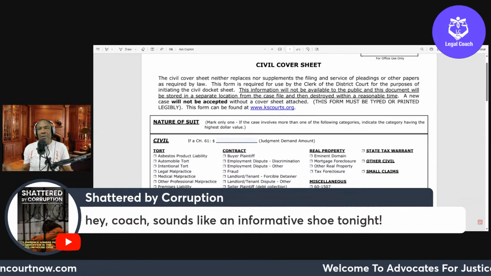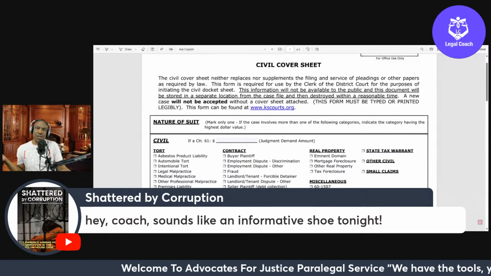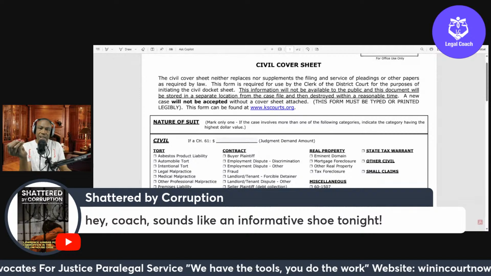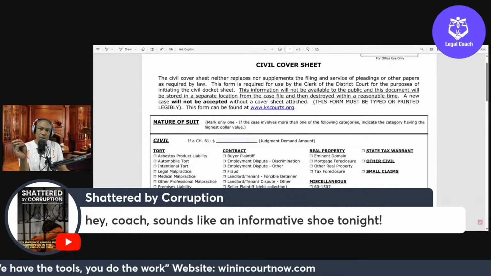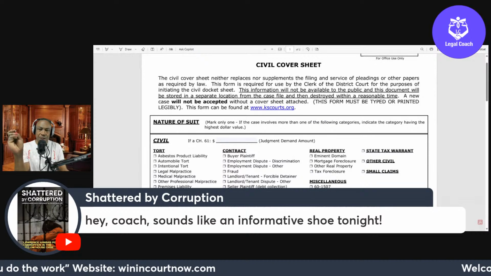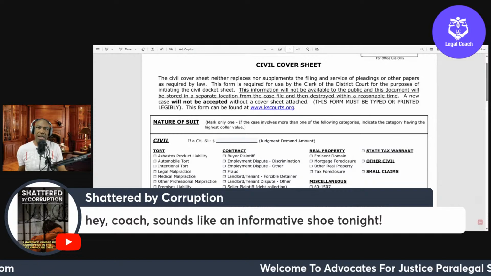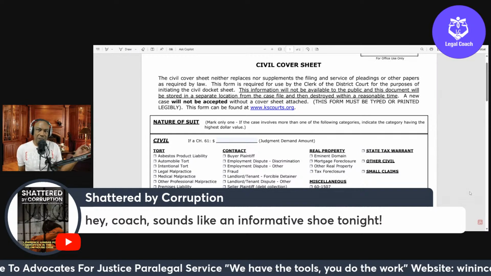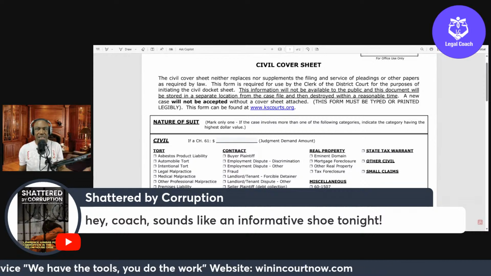Okay, so let's get back to the civil cover sheet here. It says right here, the civil cover sheet neither replaces nor supplements the filing, the pleading, or whatever. Now, why are they using this? So I'll tell you. Basically you get down here and it says that this civil cover sheet is used to start the process.